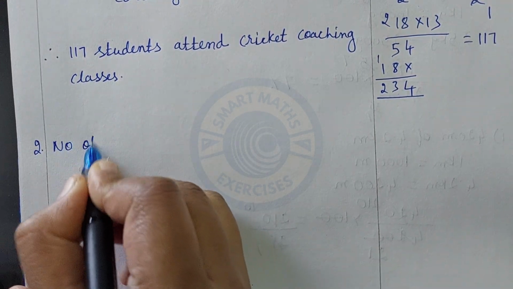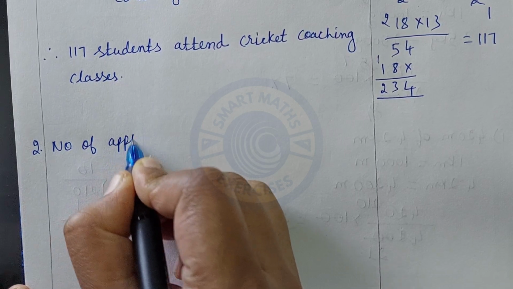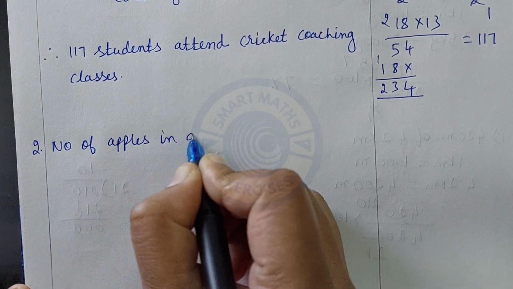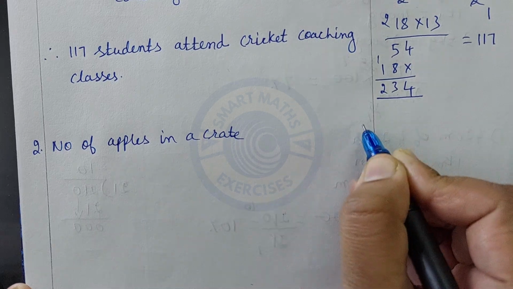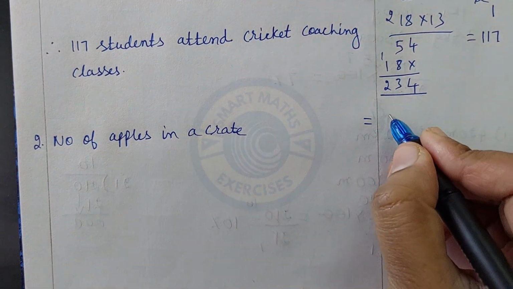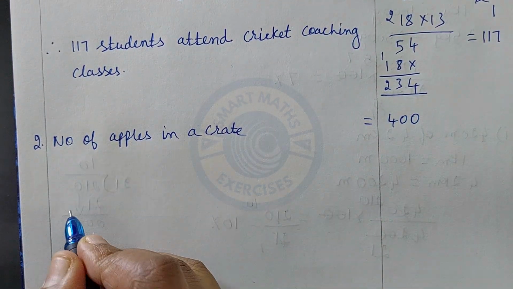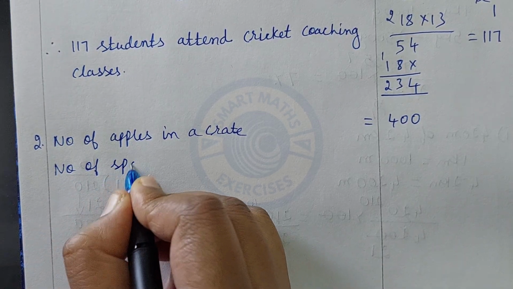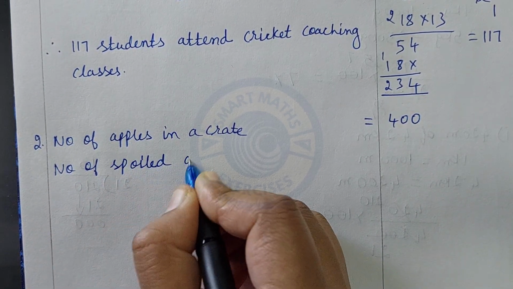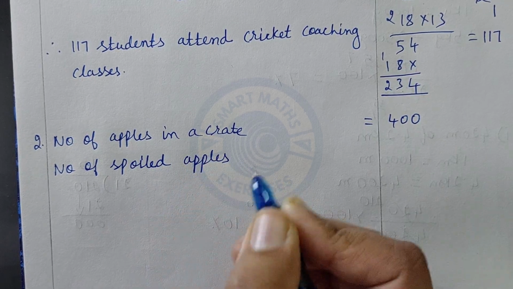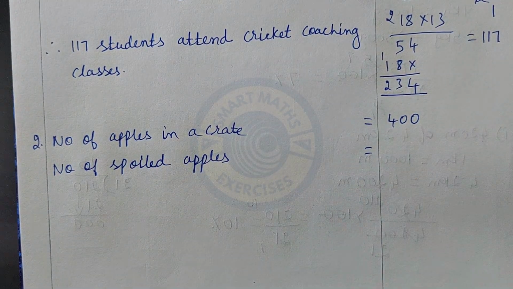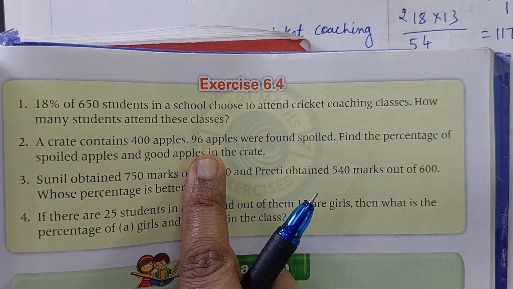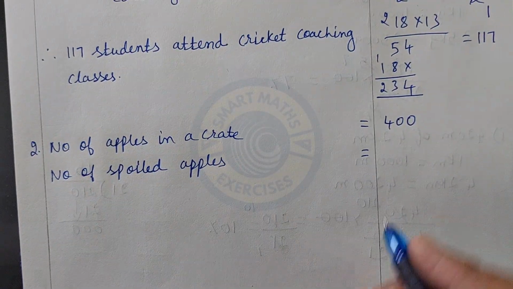Number of apples in a crate is equals to, they've given the number of apples, that is 400. Next, number of spoiled apples equals to, they've given the number of spoiled apples, 96 apples. 96.